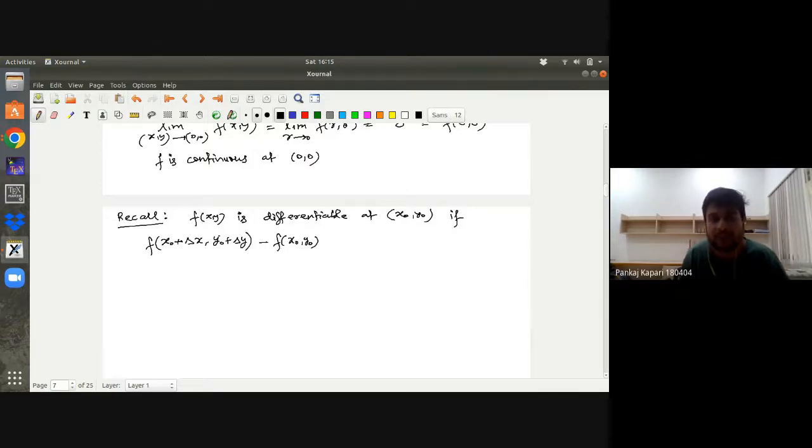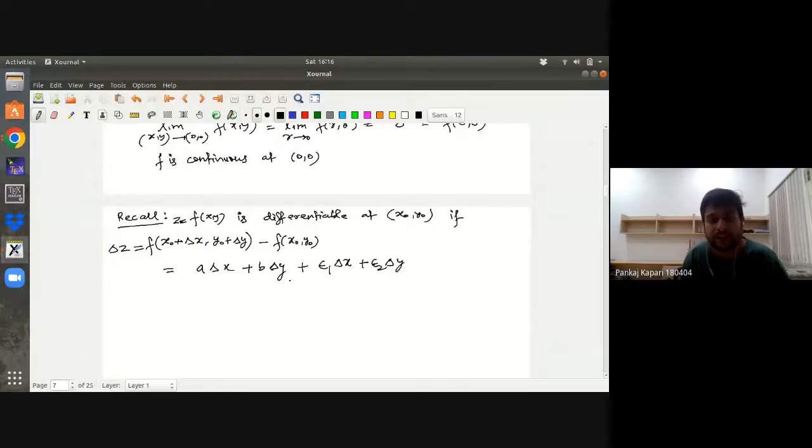So we say that a function is differentiable if this change delta z can be written as some constant a times delta x plus some constant b times delta y plus epsilon 1 times delta x plus epsilon 2 times delta y.